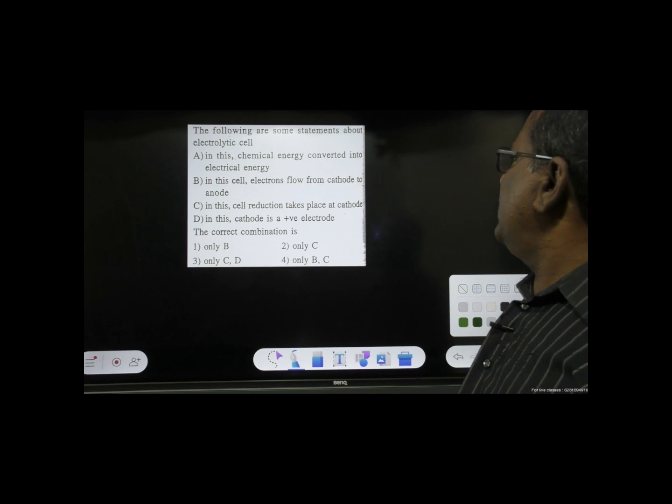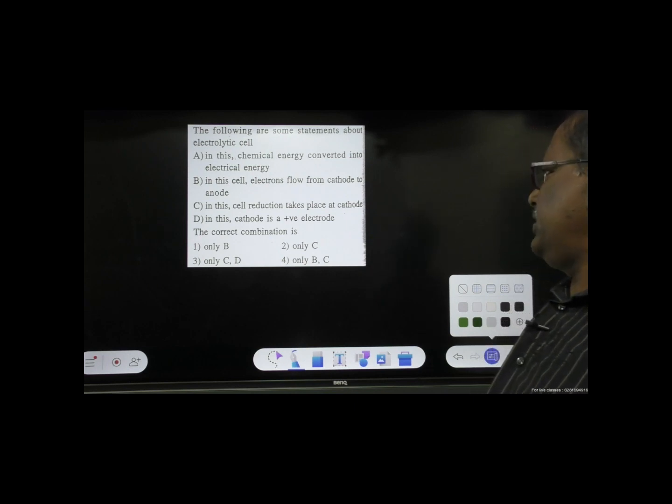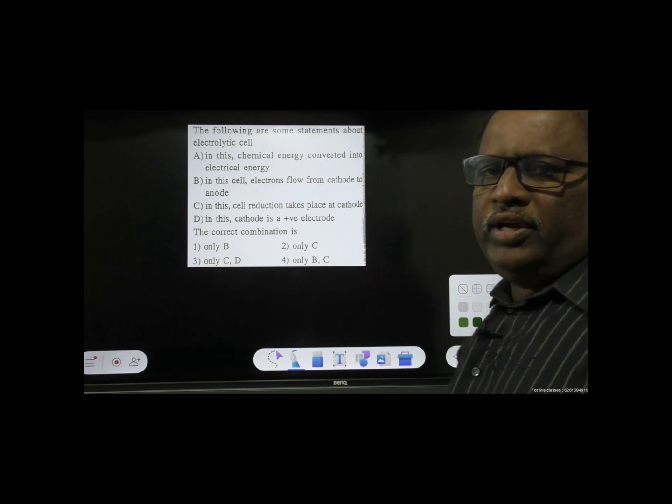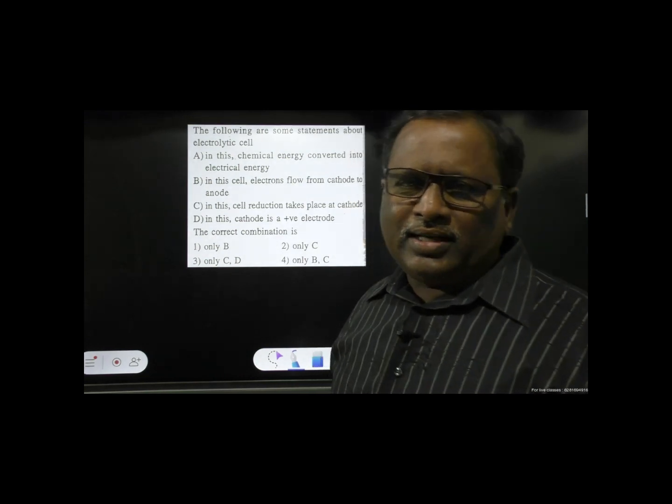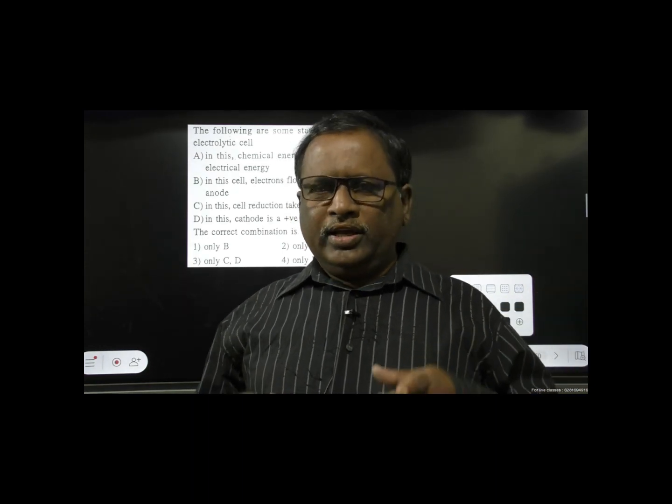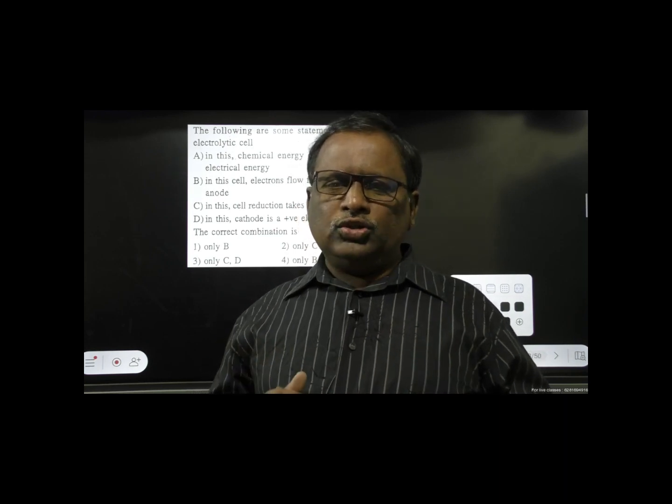Next, the following are some statements about the electrolytic cell. Now, here we have to discuss the electrolytic cell. An electrolytic cell is a cell in which an electrolyte undergoes chemical reactions, which we call electrolysis. Here two metal rods are used for electrolysis.